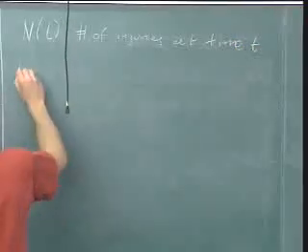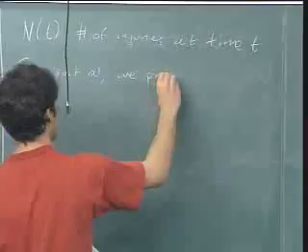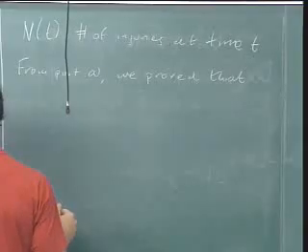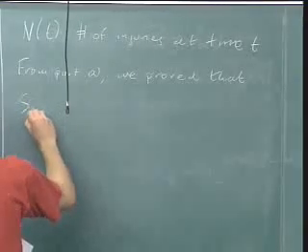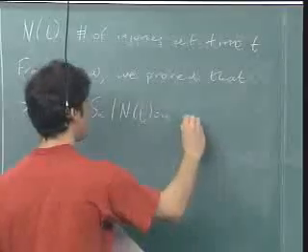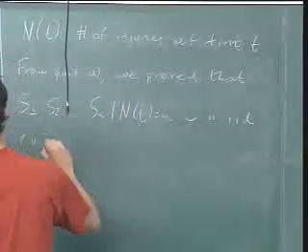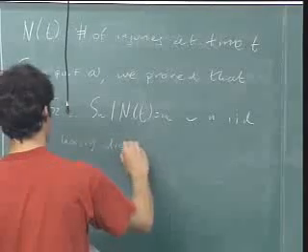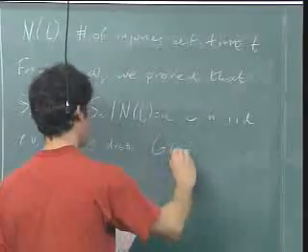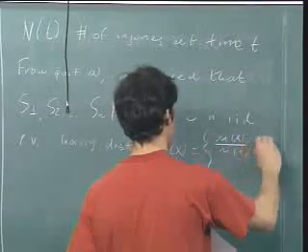And from part A, we proved that the times of the injuries of these n injuries are distributed as n IID random variables having distribution, let's call it G. G of x is equal to, they have this distribution.